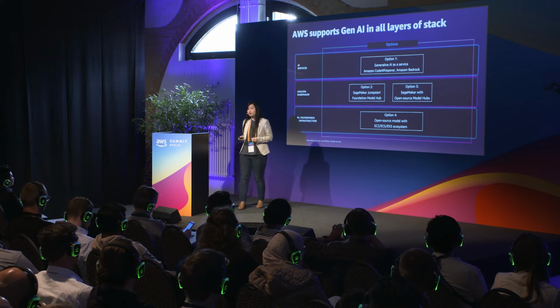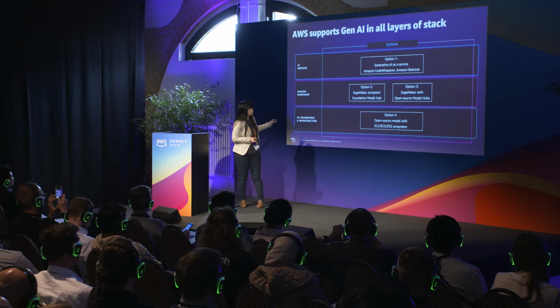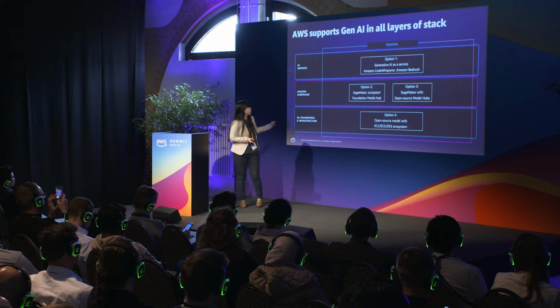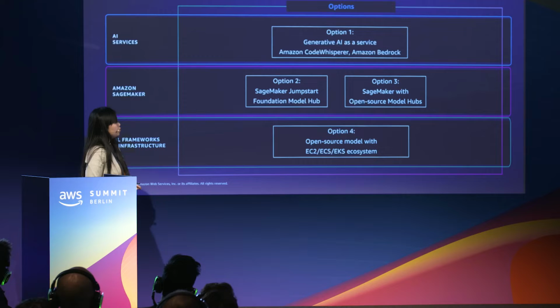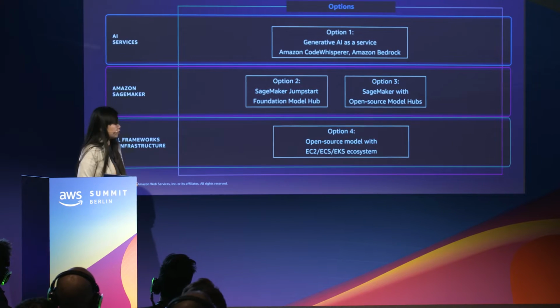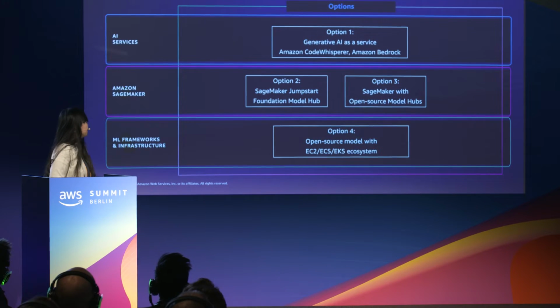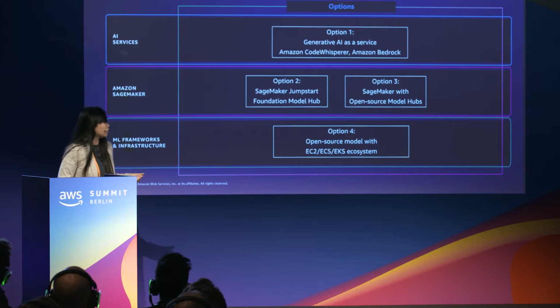With that, I want to share 3 layers of the AWS offering that come along with generative AI as a service, with Code Whisperer and Amazon Bedrock. We also have our good friend, Amazon SageMaker, come along with JumpStart, Foundational Model Hub.